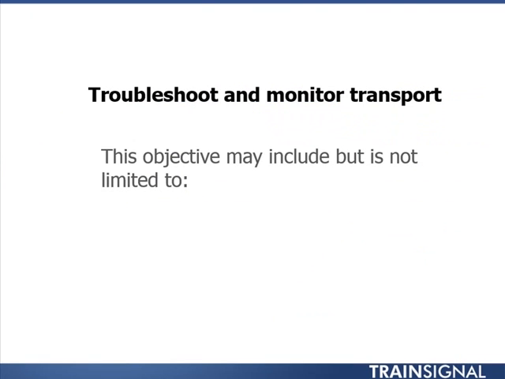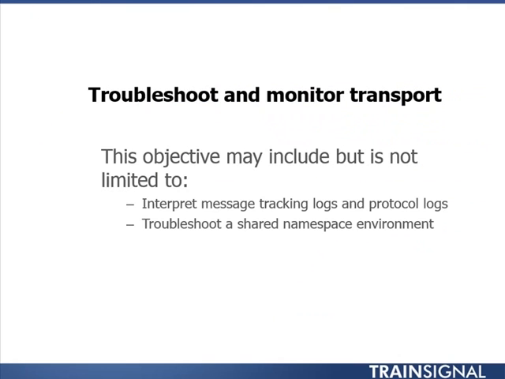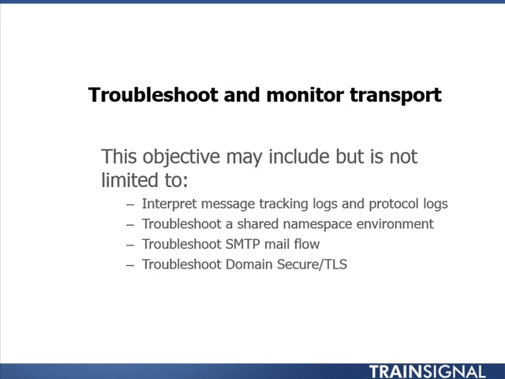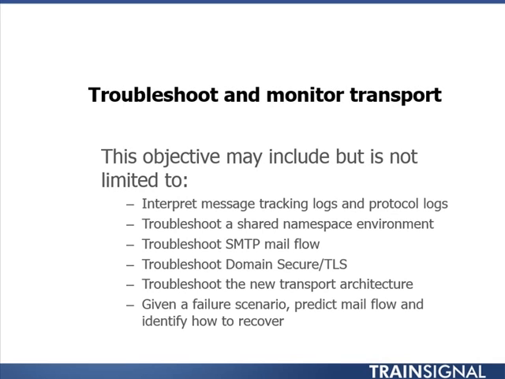According to the Microsoft exam specifications, this objective may include, but is not limited to, interpret message tracking logs and protocol logs, troubleshoot a shared namespace environment, troubleshoot SMTP mail flow, troubleshoot domain secure TLS, troubleshoot the new transport architecture, and, given a failure scenario, predict mail flow and identify how to recover.